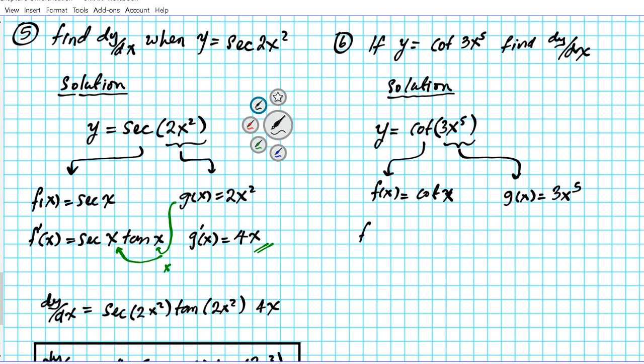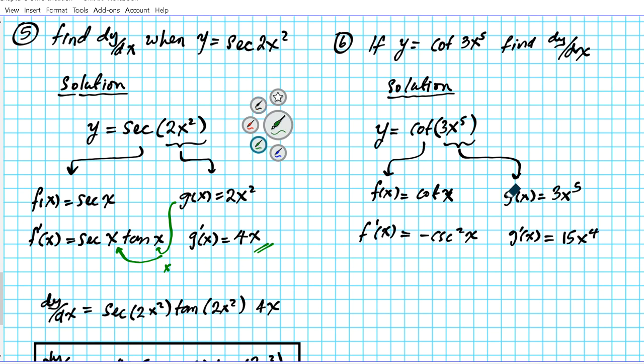All right, so let's go ahead and differentiate both of them. The derivative of cotangent, this is another c function, so remember, negative cosecant square x. And then the derivative of the inner function, our quintic monomial, is 15x to the fourth.